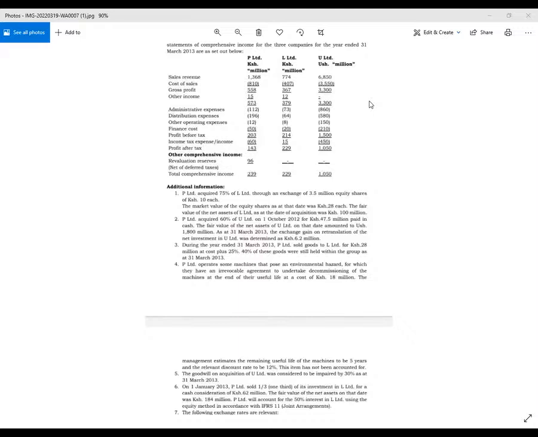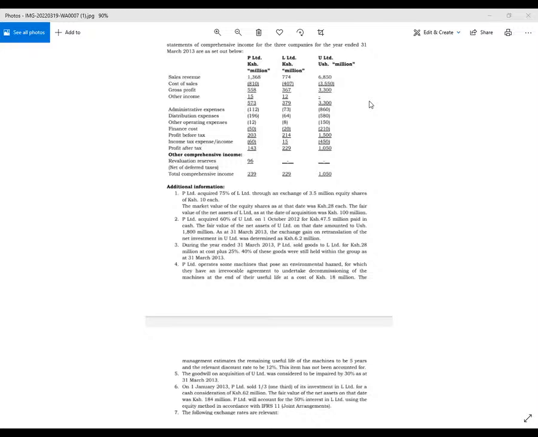So finance cost, I'm able to see a figure of 210. And then the next expenditure is the income tax expense, or taxation. What I'm able to see for taxation there is 450 for Uganda.